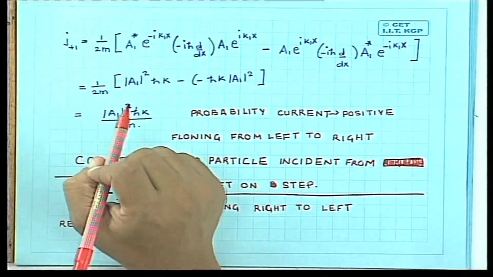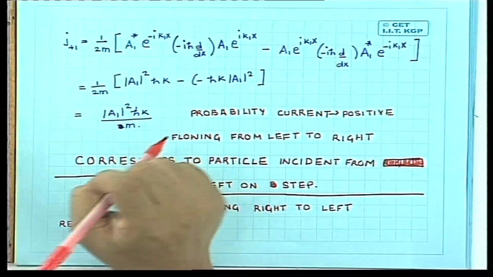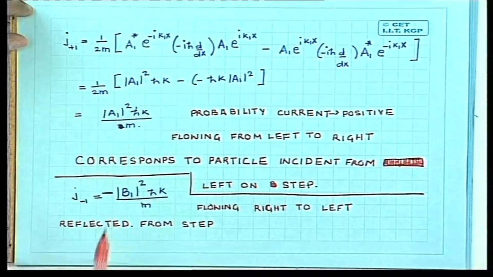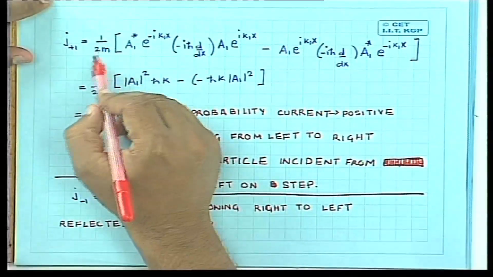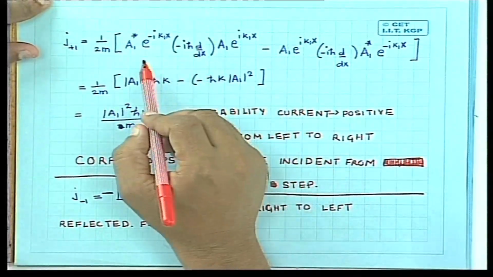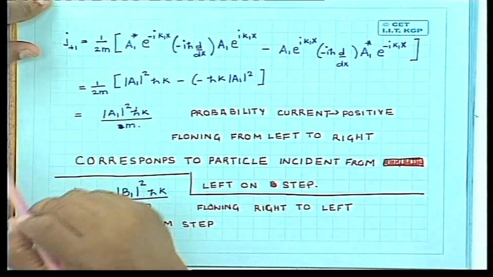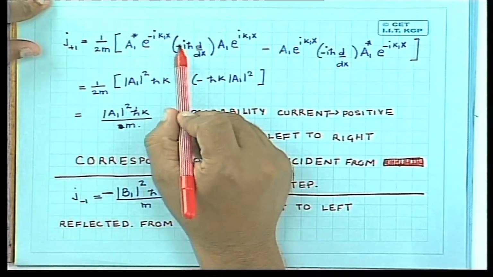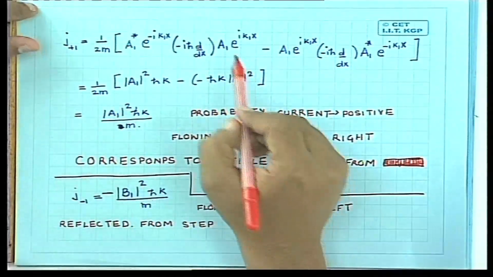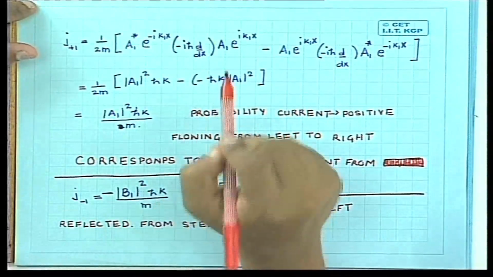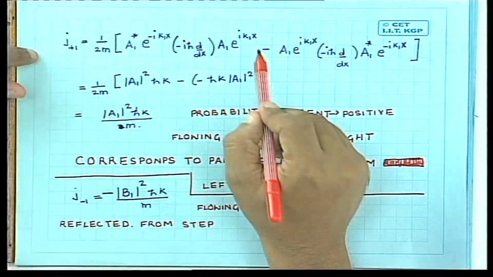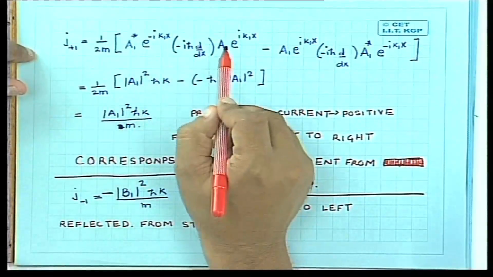First we calculate the probability current for the part psi plus 1, and that I am calling j plus 1. So that is equal to 1 by 2m, and we have psi star here. Psi star is a1 star e to the power minus i k1x, and then we have the momentum operator, which is minus i h cross d by dx, and we have psi, which is a1 e to the power i k1x. And then we have one more term where we have interchanged psi and psi star.